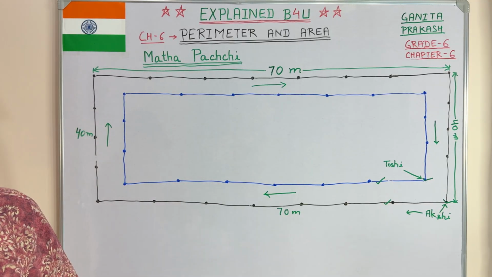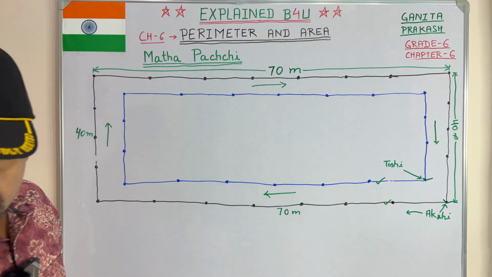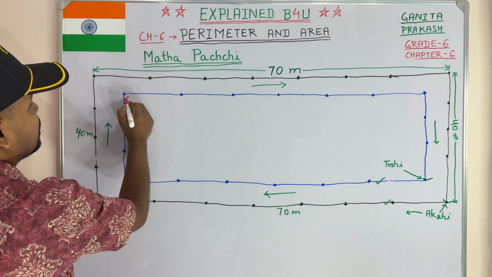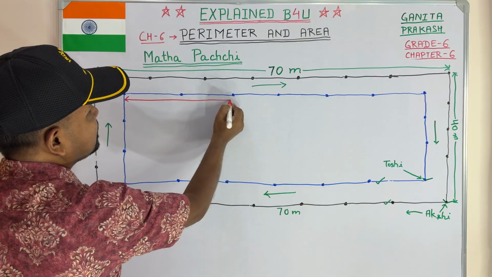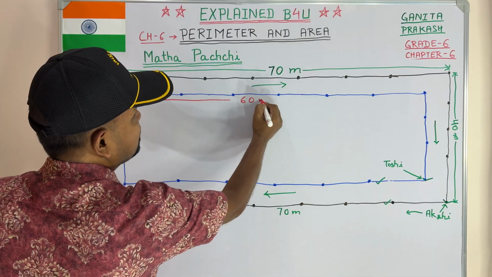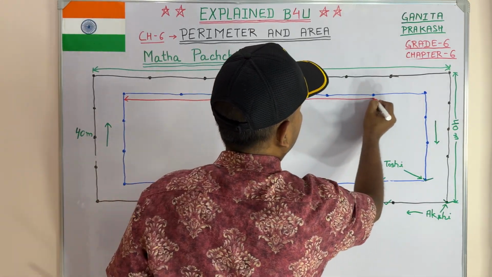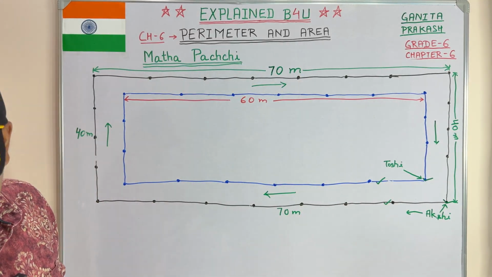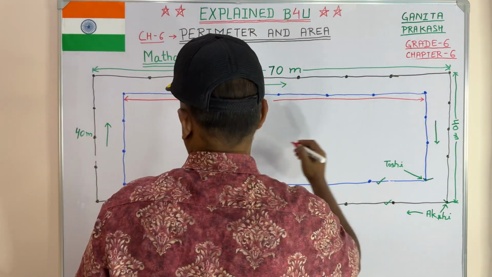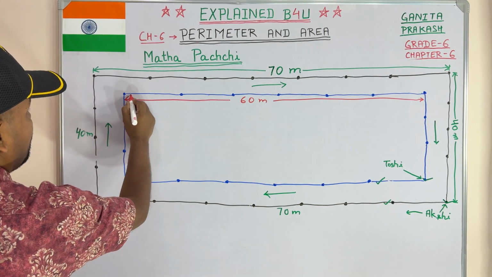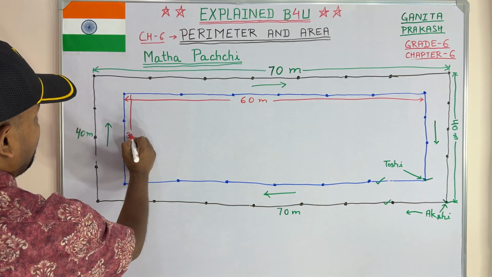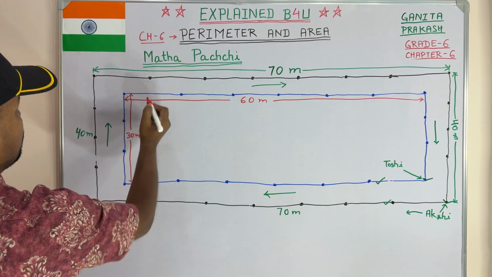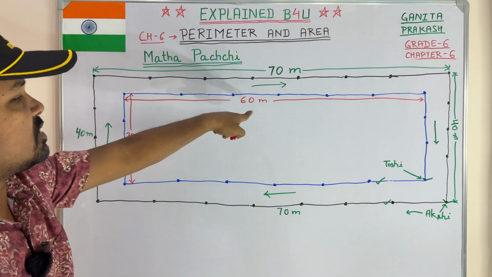Now the inside track length is 60 meter, means this inside track length is 60 meter. Okay. And inside track width is 30 meter. This is 30 meter. Breadth is 30 meter, length is 60 meter.